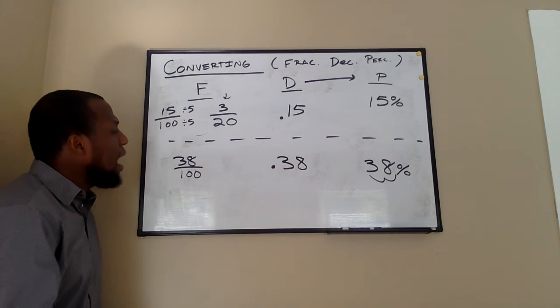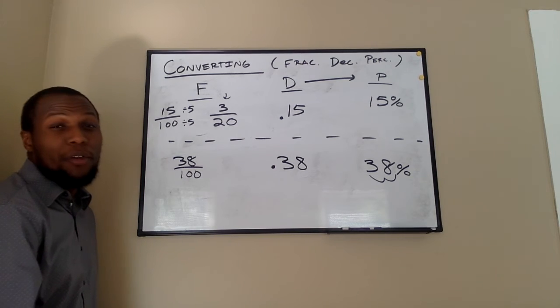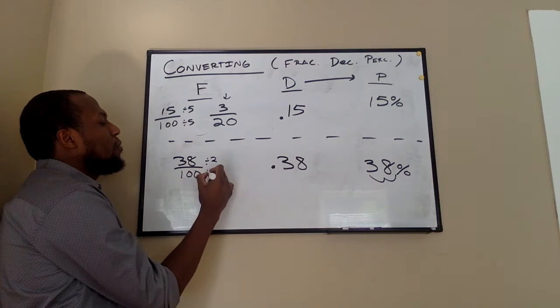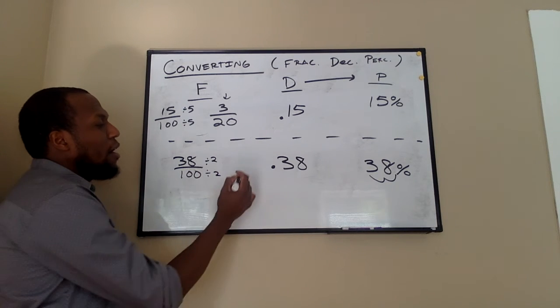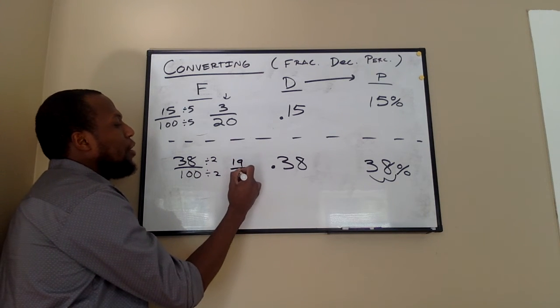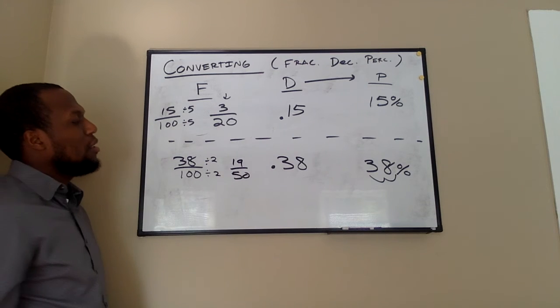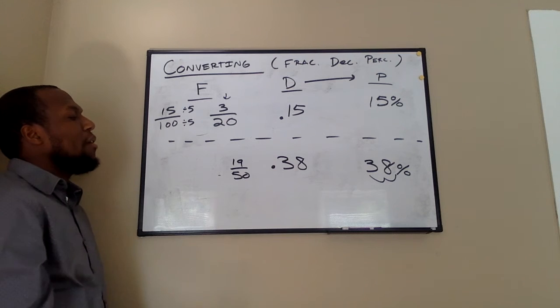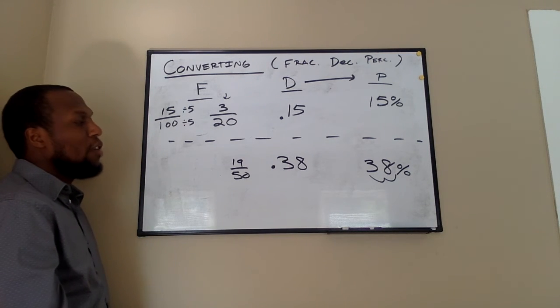We're going to reduce that down. This one's a little bit tougher to reduce. I see that they're both even, so I'm going to divide by 2. 19 over 50. And I actually think it can't get reduced down any more than that, 19 over 50.